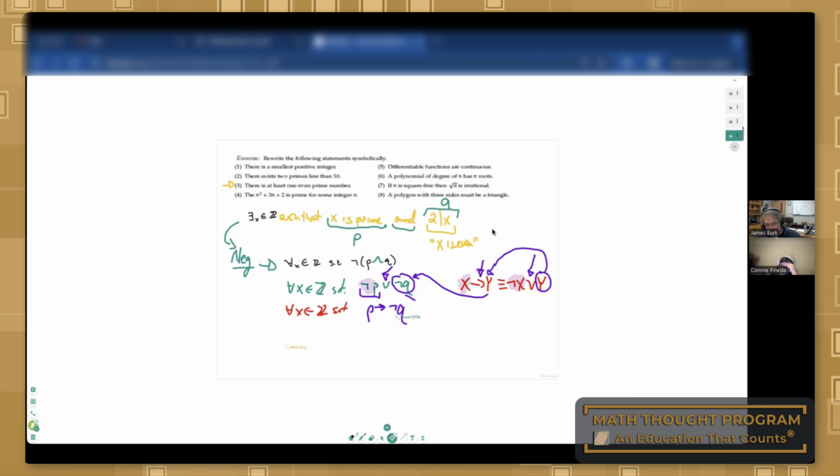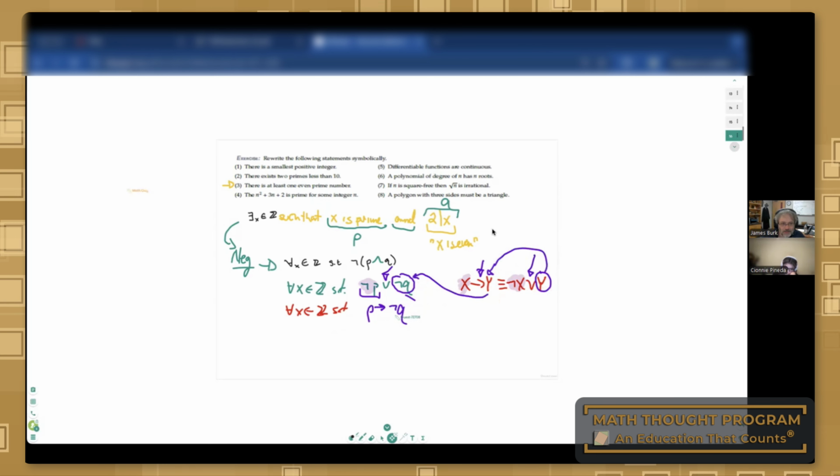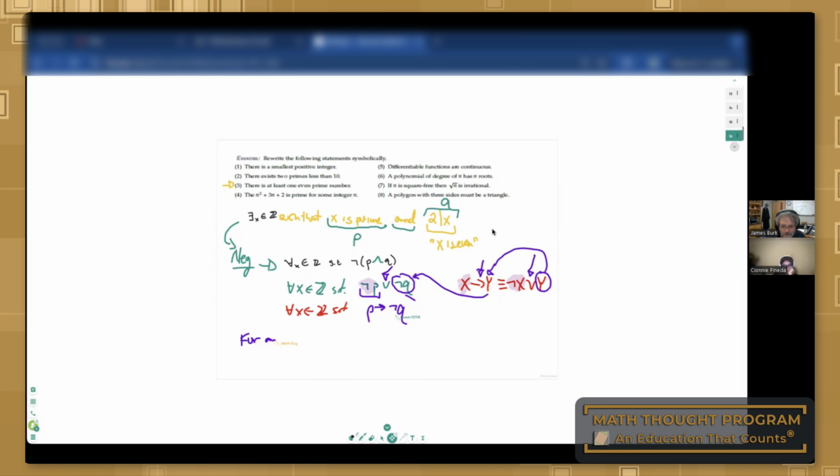Now, let's articulate this. Let's go ahead and restate this in English. So for any integer x, and what did P mean? That x is prime.